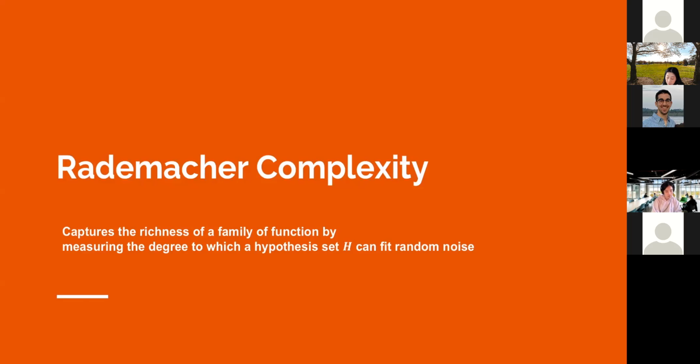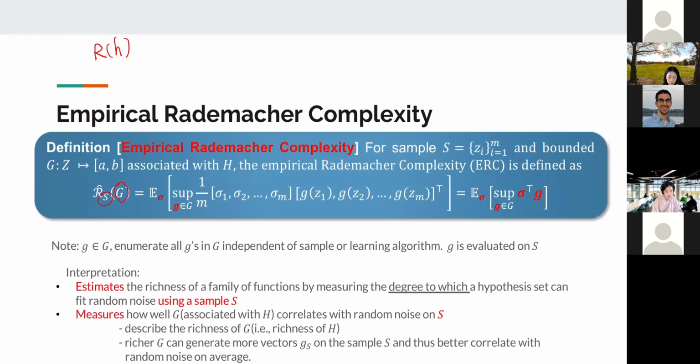So I can think about G as a function, and also H as a function, and define the Rademacher complexity or empirical Rademacher complexity for either G or H. But I want to start with G because we know that G is going to be bounded between a and b. Okay, let's start with G. Now, anything unclear before I proceed?